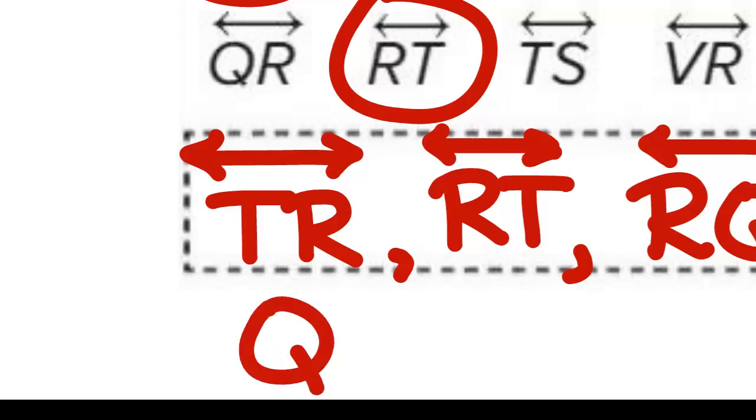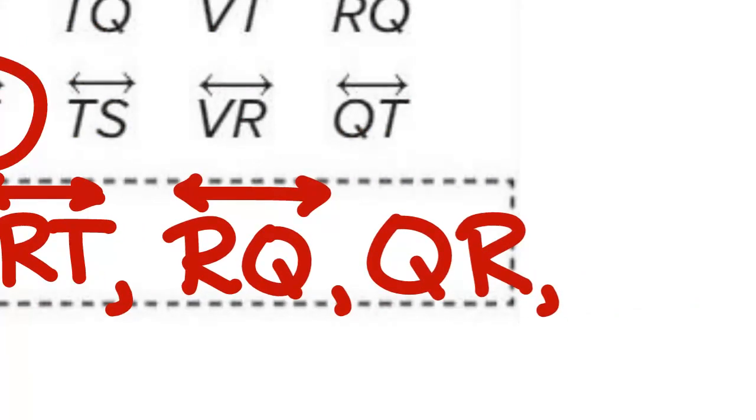QT. I'm going to pause here for just a second. The last 2 that I wrote have something wrong with them. Yes. I didn't add the symbol over the top. If you don't have the symbol over the top, then you have to write the word line in front of it, or else you're talking about something entirely different. So you have to remember to put the line over the top.